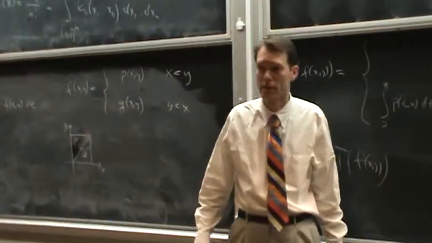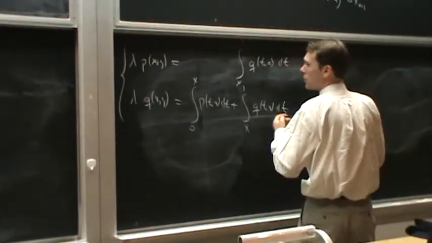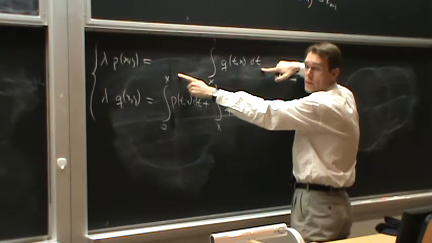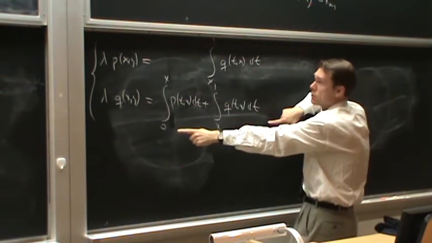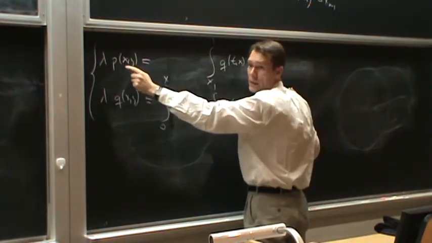Well, if you look at the system now, a very nice thing occurs. Notice there's no y on this side. And there's no y here either. So it tells us that the eigenfunction is not going to depend on y.